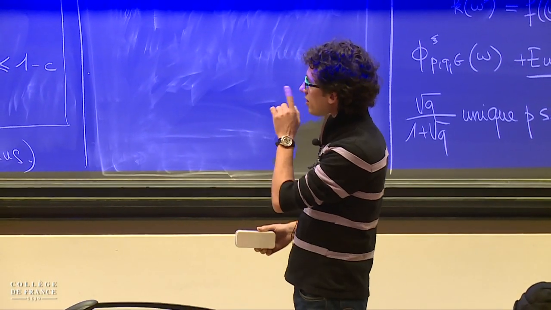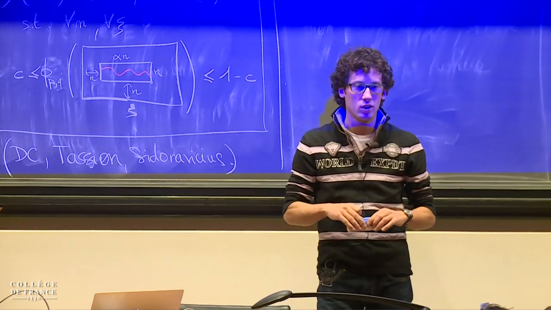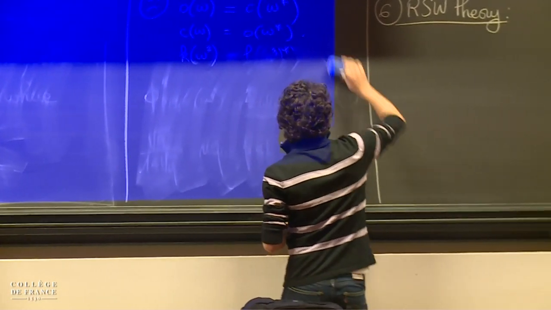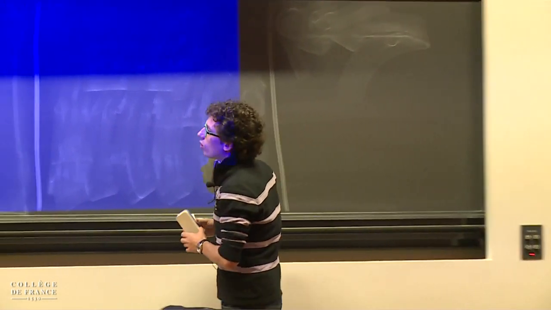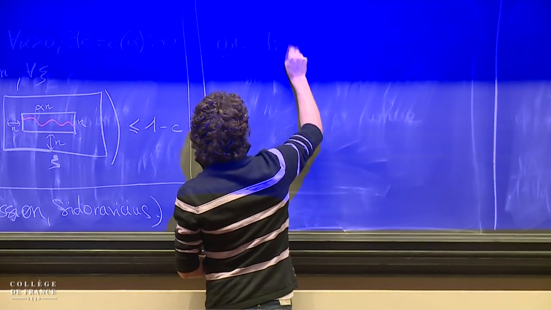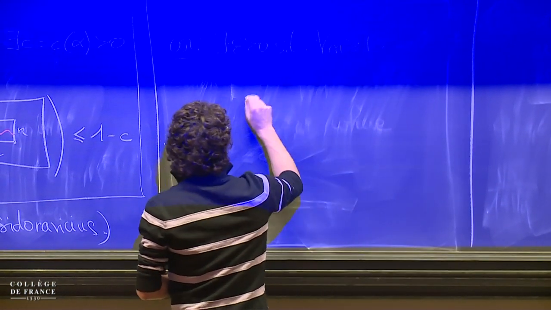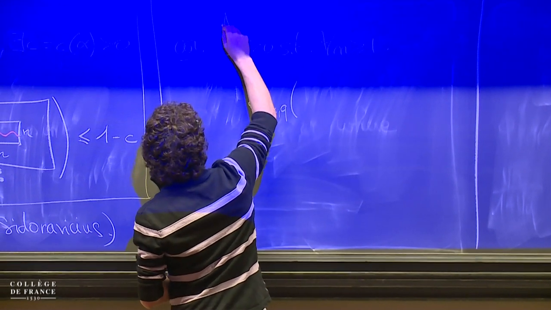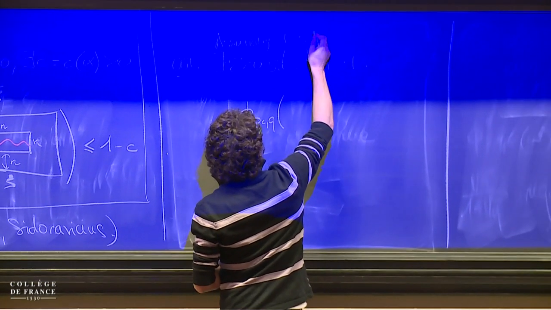Okay, so let me just give you one example, which I think is a good example of why boundary conditions are important. Uniformity in boundary conditions are important. So the first observation is, let me say corollary. I want to prove that there exists epsilon such that for every n, if I look at the probability, so here I'm assuming 1 to 5 are satisfied.